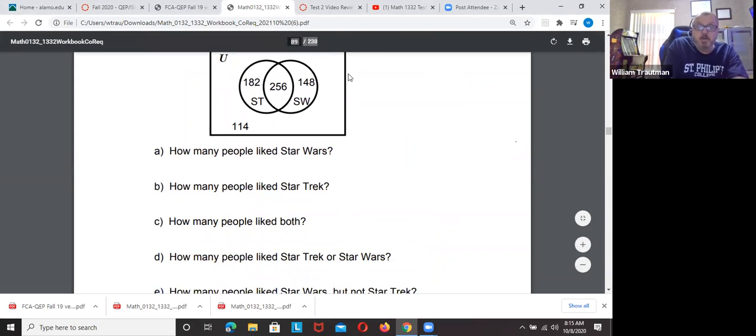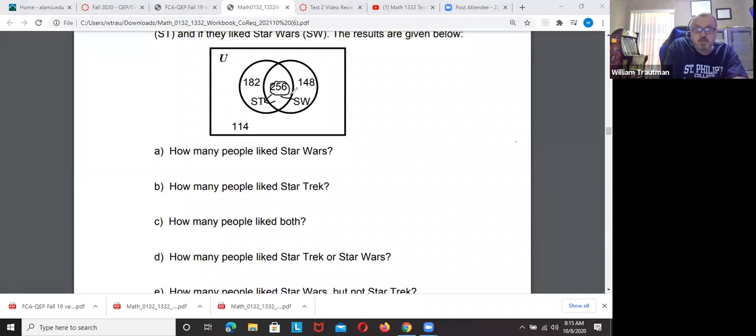How many people liked them both? We already talked about that. These people right here like both Star Trek and Star Wars: 256. How many people like Star Trek or Star Wars? Or means we're adding them together. It's a union. It's like a marriage. So all the people that like Star Trek or Star Wars: these people like Star Trek, these people like Star Trek and Star Wars, these people like Star Wars.